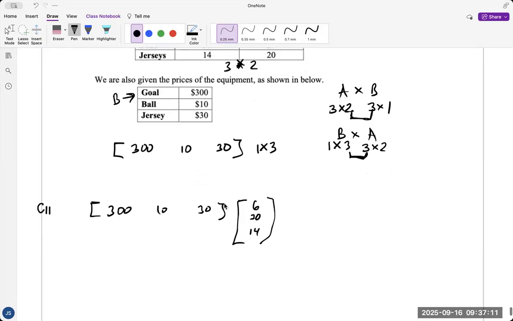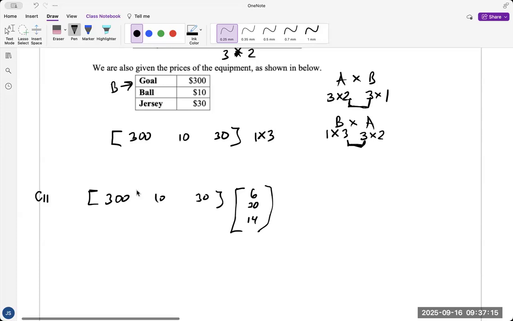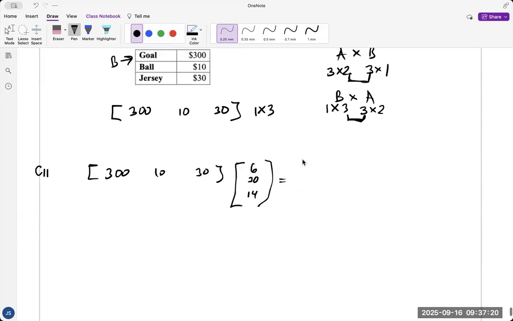So we'll multiply. Like I like to do it, I like to just turn this like this. Now we can see more clearly exactly which numbers need to be multiplied.